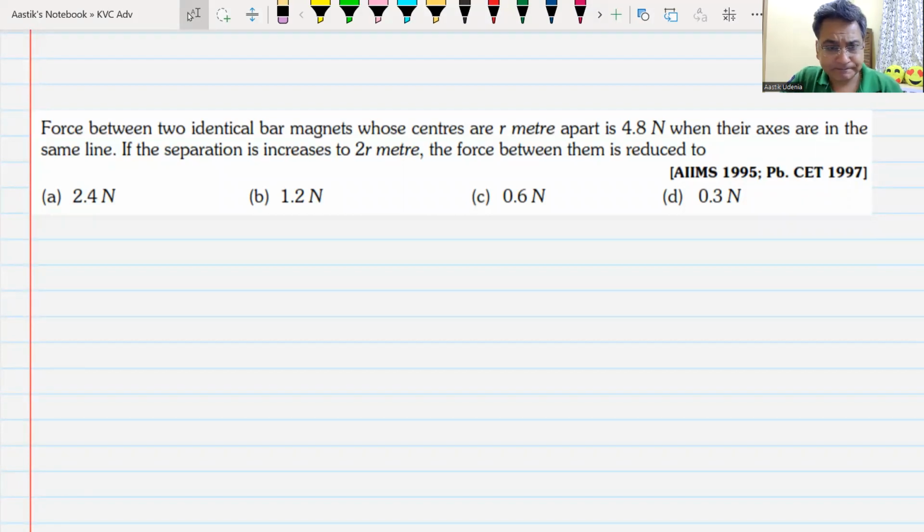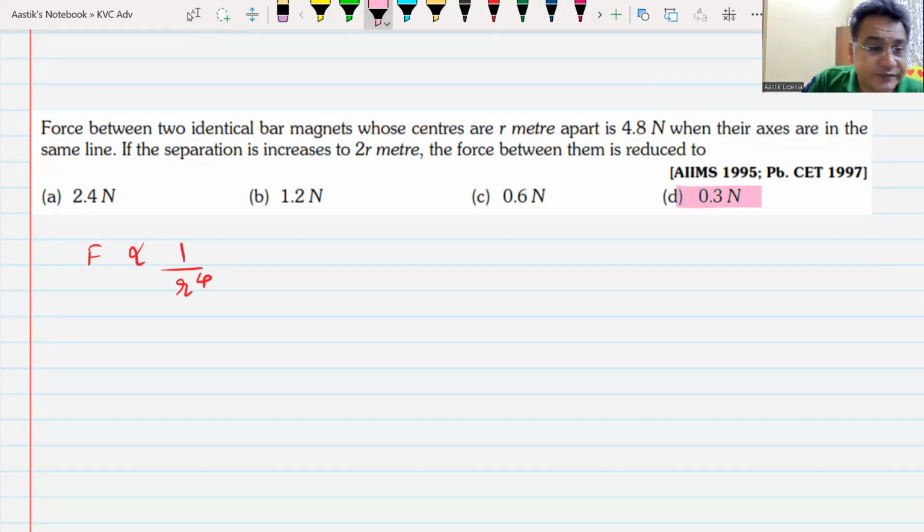Option B, 0.3, sir. 0.3 newtons. Remember, the force between two dipoles is proportional to 1 by r raised to the power of 4. Do you understand this? Yes, sir. So when the distance between them is doubled, the force becomes 1 by 16 times. And therefore, the answer is this one. Everyone gets this? Yes, sir.